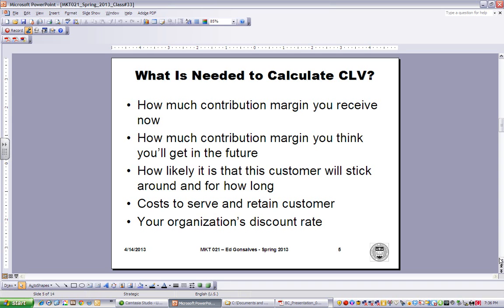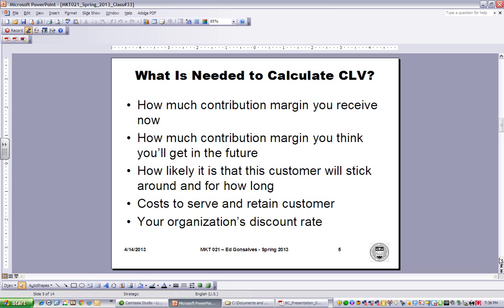So what do you need to calculate it? Well, you need to know what the contribution margin is. You need to have an idea, forecasting and predicting, what the contribution margin will be in the future. You have to determine how likely that customer is to stay with you and for how long. So what's the typical retention rate? You also have to figure out what it costs to serve the customer.